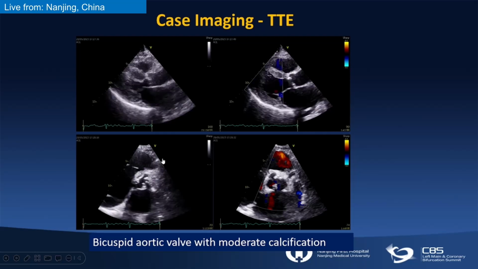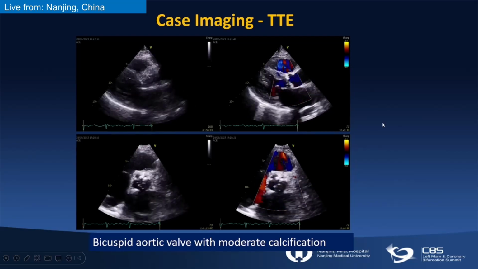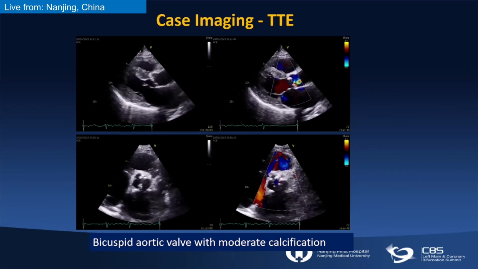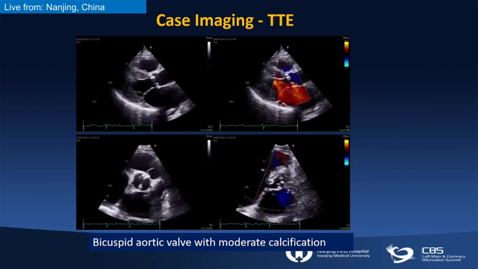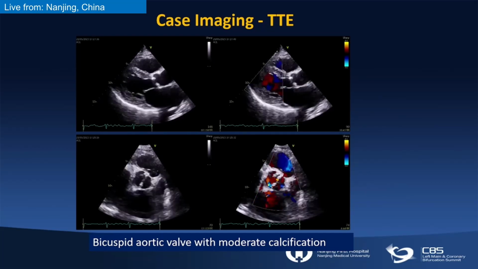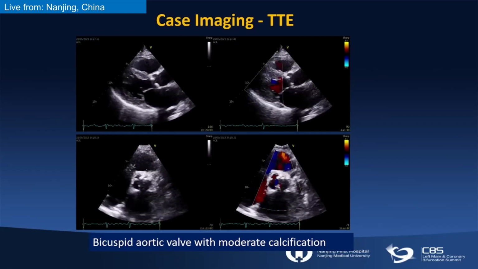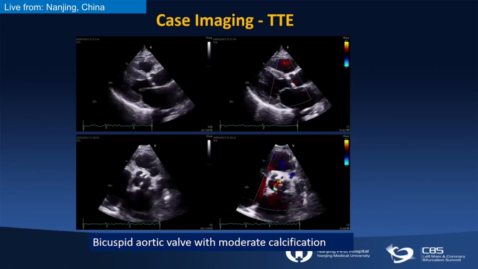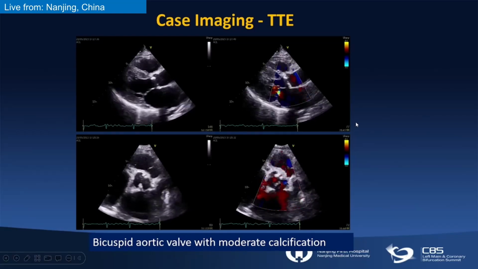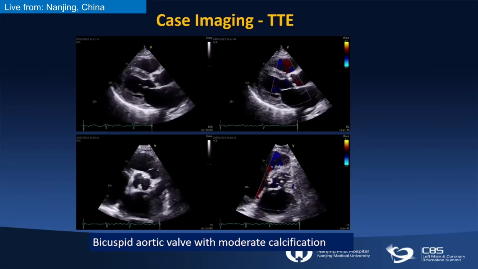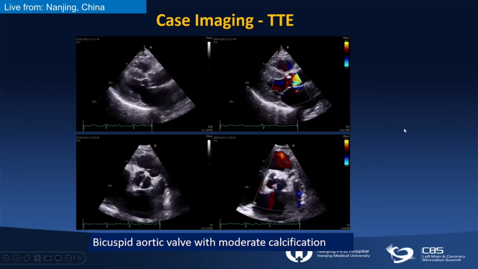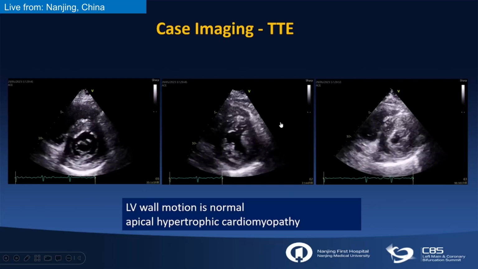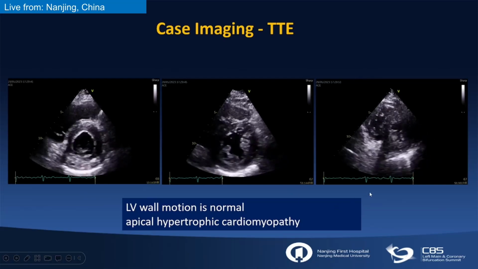So this is the baseline TTE. You can see from the baseline TTE LVOT view, it's typical. Also, in the short axis view, it's a typical bicuspid aortic valve with moderate calcification. Next. And this shows LV motion is normal.